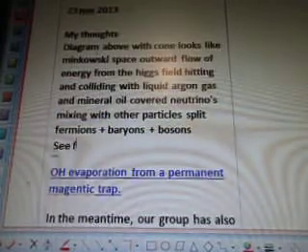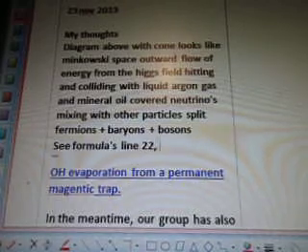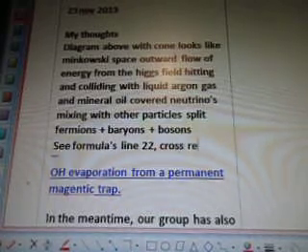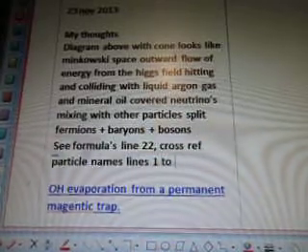Boson C formulas in line 22 and cross-reference particle names lines 1 to 27.